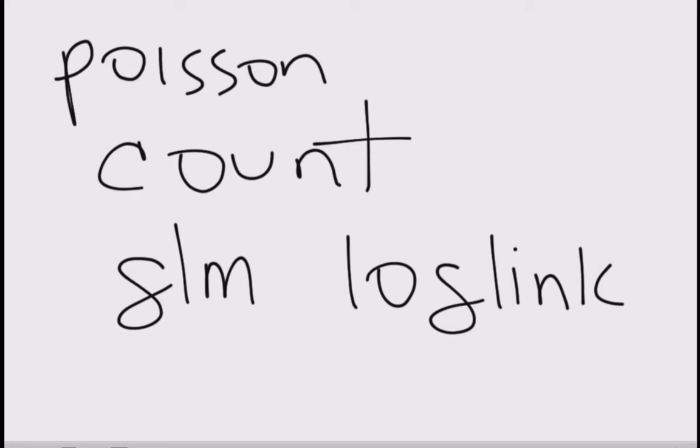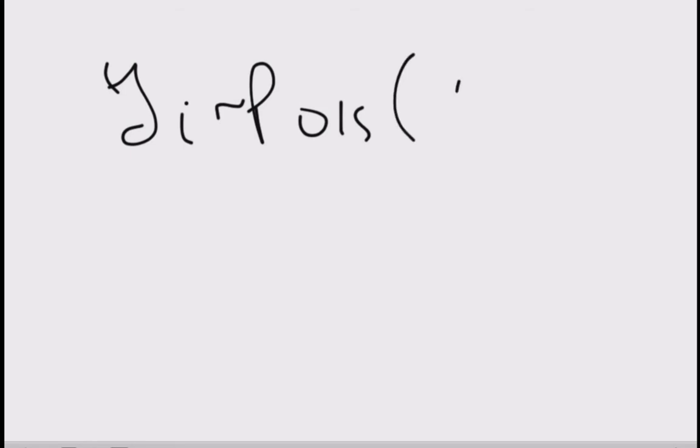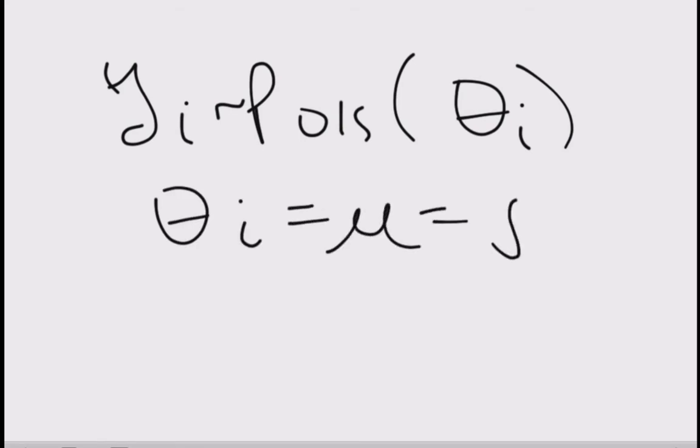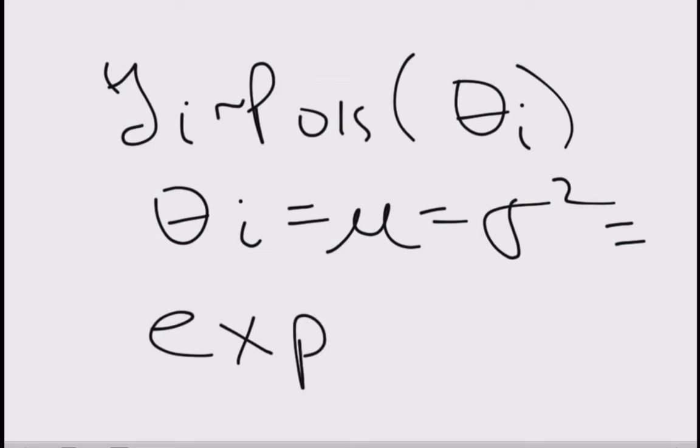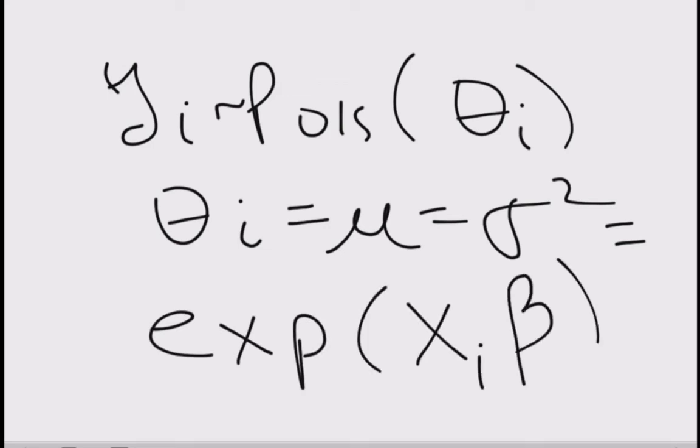And in the Poisson model, it's like if y sub i is considered Poisson distributed and has a single parameter, theta sub i, what you see in the Poisson model is first that theta sub i, which is basically equal to mu, is equal to the variance as well, and is also equal to the exponentiation of some predictor variable or set of predictor variables and their beta coefficients.